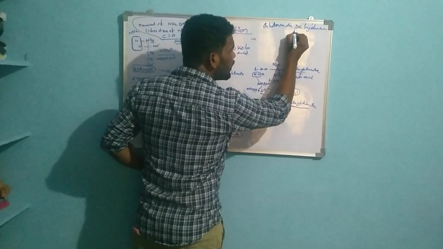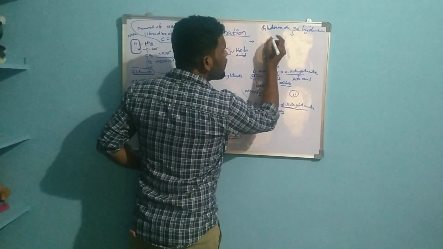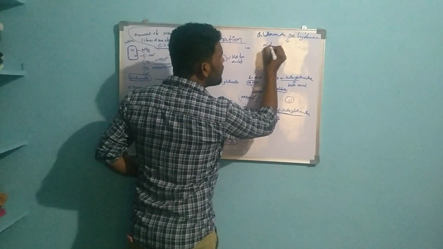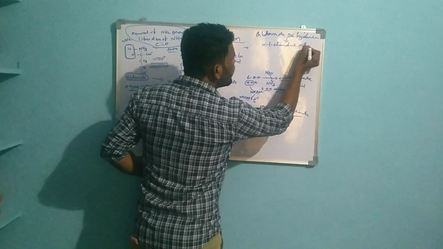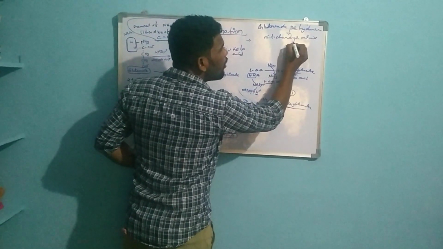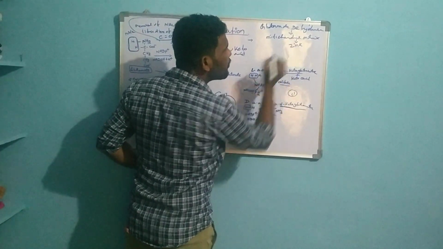This glutamate dehydrogenase enzyme is present in the mitochondrial matrix. It is made up of zinc. Okay, it is made up of zinc.